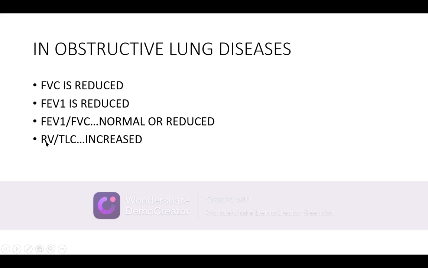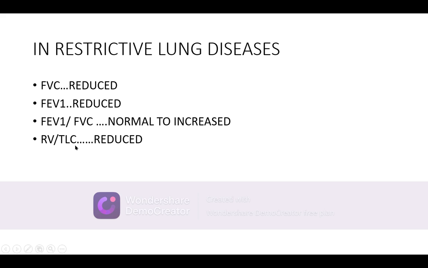In this case, the residual volume and the total lung capacity are increased. This is the volumetric study. So you have to calculate the FEV1/FVC ratio and the residual volume with the total lung capacity to diagnose this condition.